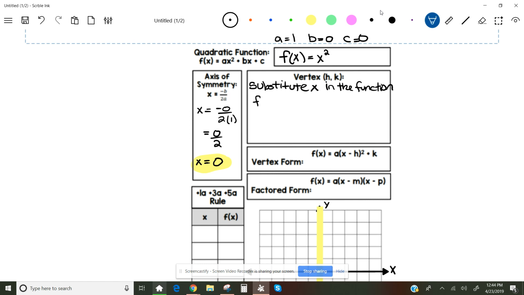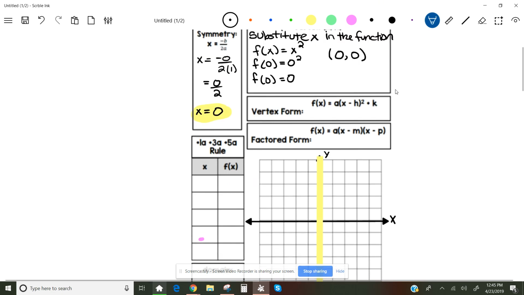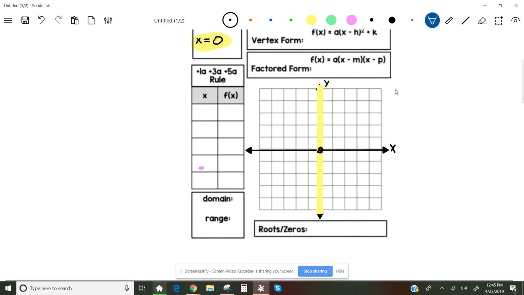My function that I'm starting with is f of x is equal to x squared. So everywhere I see x, I'm going to put 0. So I have f of 0 is equal to 0 squared, and everybody knows that 0 to the second power is 0. So that's my answer. I'm going to write my vertex as an ordered pair, 0, 0. Then I'm going to go down, and I have 0, 0 down here at the bottom, in a different color so it doesn't look the same. That's my vertex.